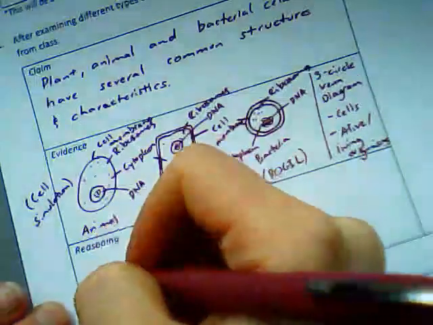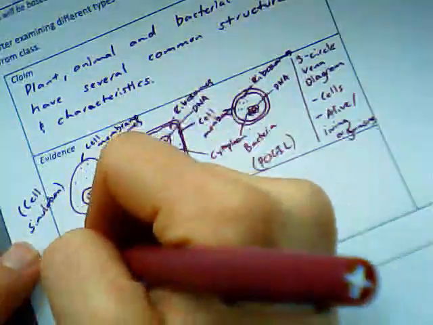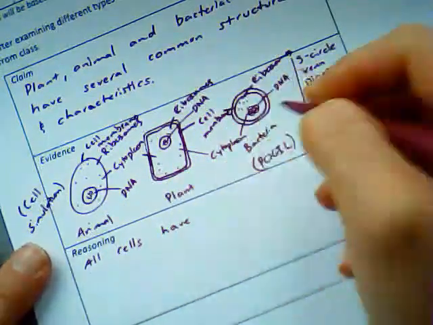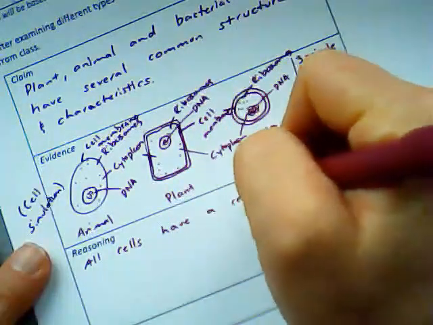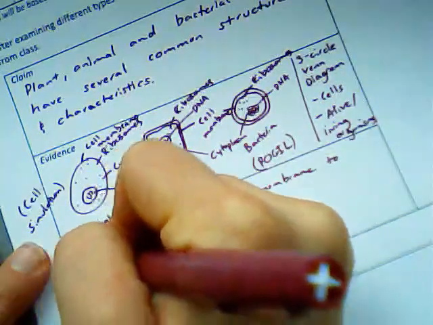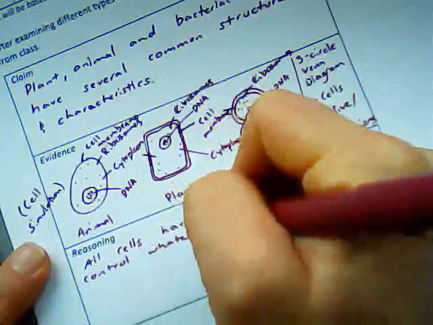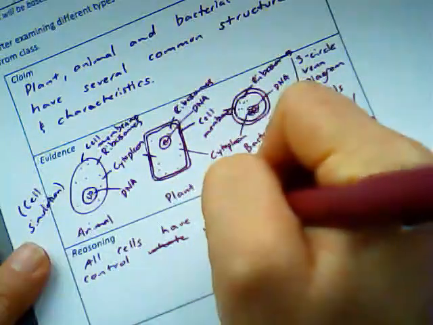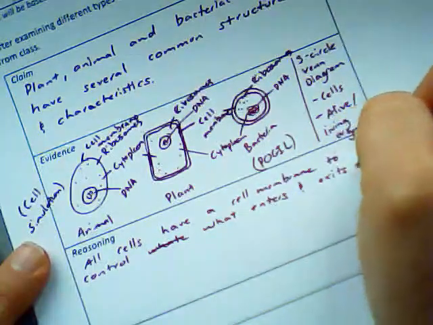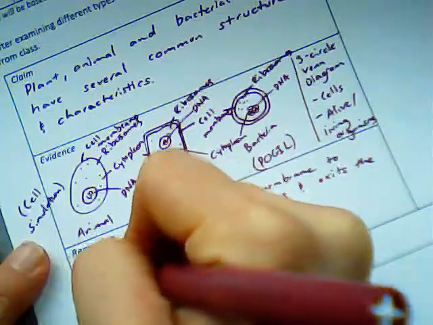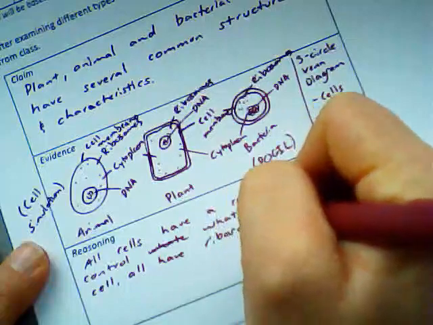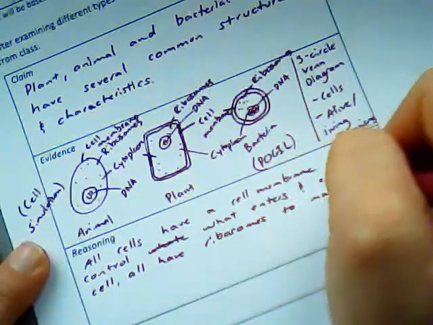Okay, for the reasoning, we say, okay, all cells have for example, a cell membrane, to control what enters and exits this cell. I'll have ribosomes to make proteins.